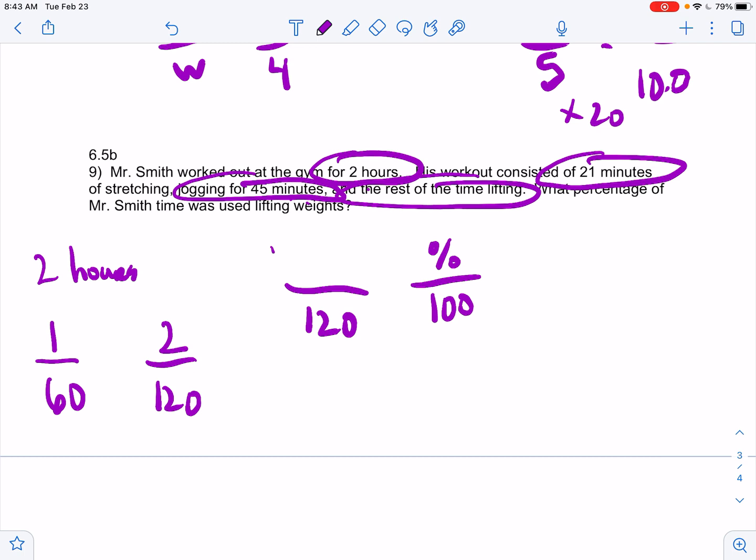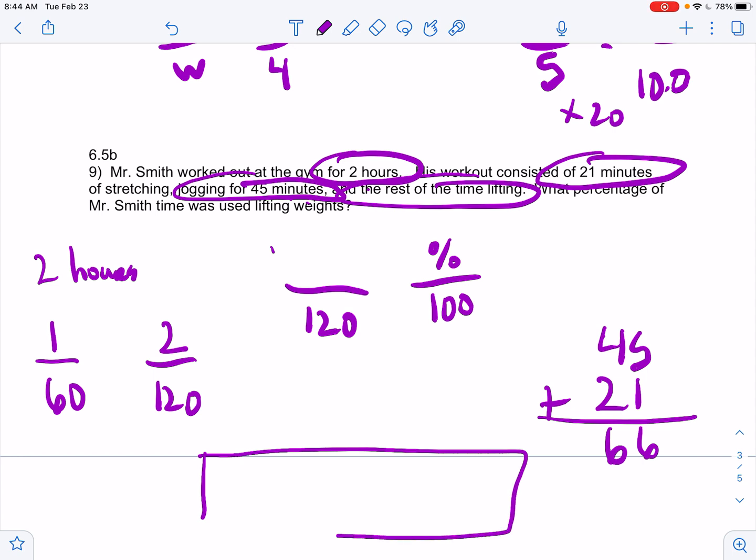I'm going to take my jog, which is 45 minutes, and my stretching, which is 21, add those together, and I have 66. But they're not asking us about the jogging or the stretching.